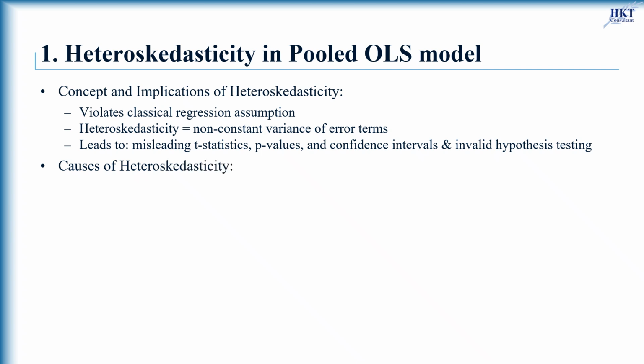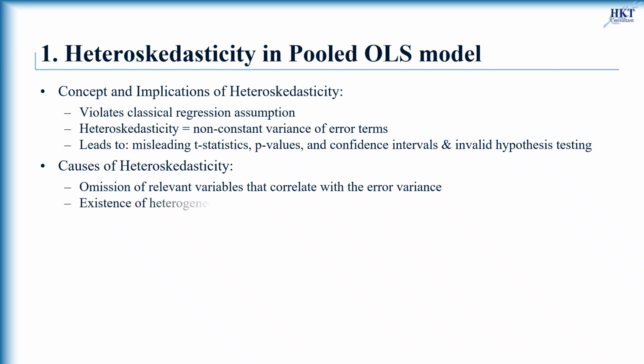Heteroskedasticity arises due to various factors. One common source is the omission of relevant variables that are correlated with the variance of the error term. This can lead to systematic patterns in the residuals. Another cause lies in the existence of heterogeneous subgroups within the data. For instance, large and small firms may exhibit different levels of variability in their performance, resulting in unequal error variances across observations.